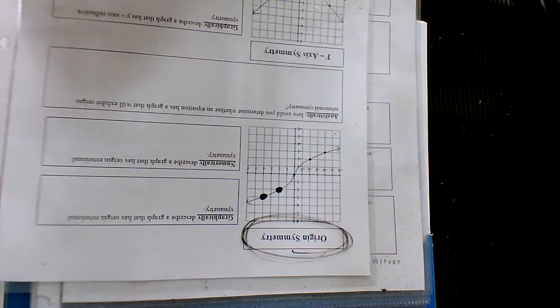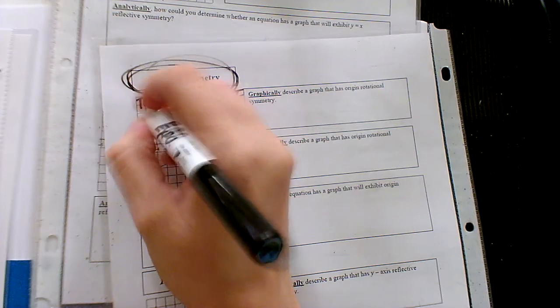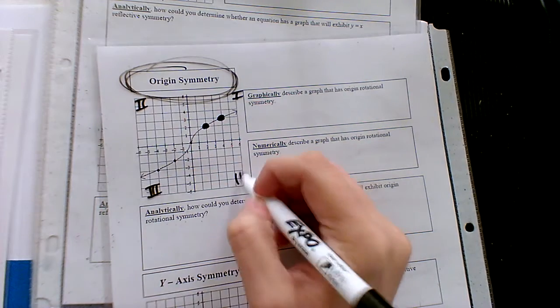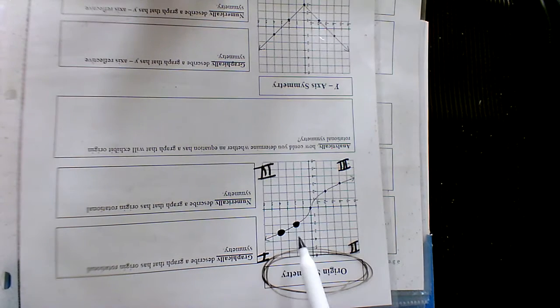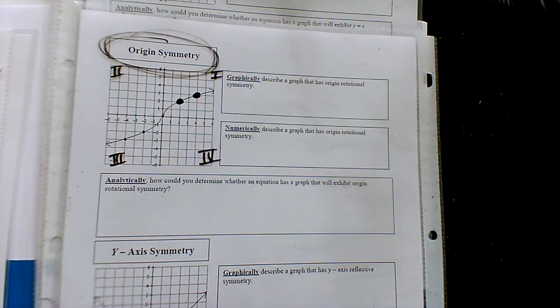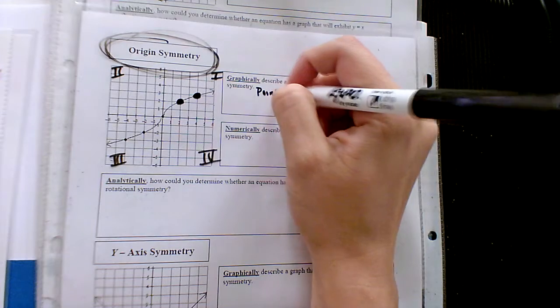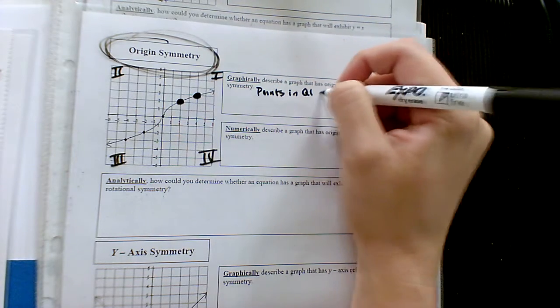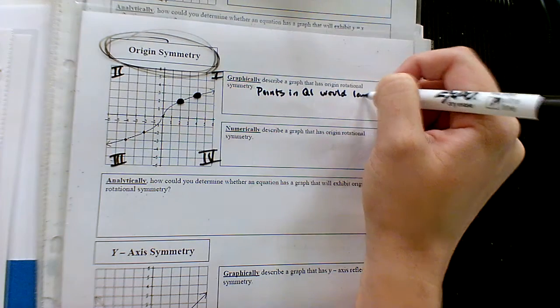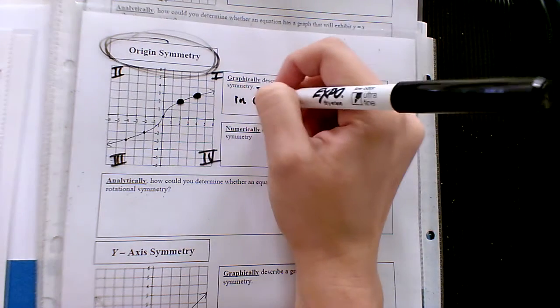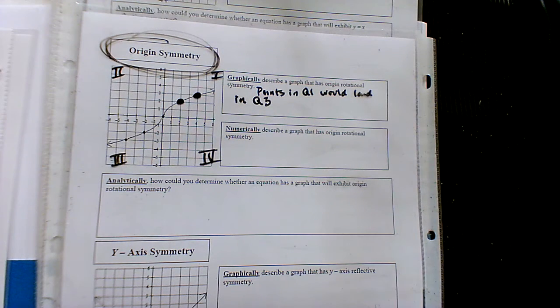Do we know how to label our quadrants? One, two, three, four. And so if I flip it upside down, this is now quadrant three. So notice how graphically maybe we can use some of these points to help us out. So we can say points in Q1 would land in Q3 if we were to flip it 180 degrees.